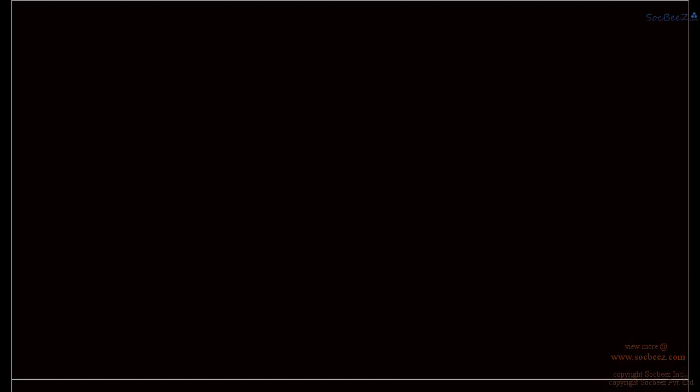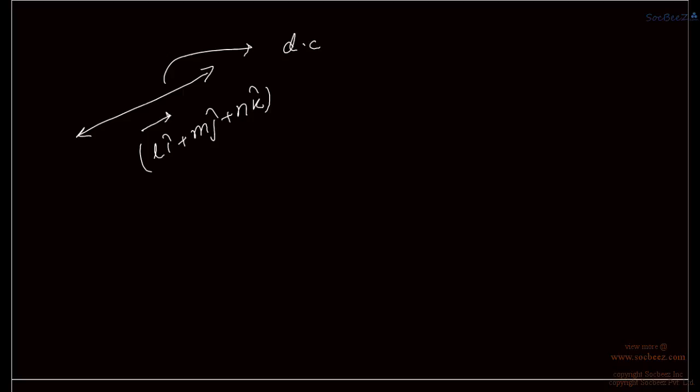Now if we try to understand the physical meaning of direction cosine, it means unit vector in direction of any line. Suppose this is a line, okay, and if we have a unit vector, say Li plus Mj plus Nk in direction of this line, then direction cosine of this line is L, M, N. Okay, right?